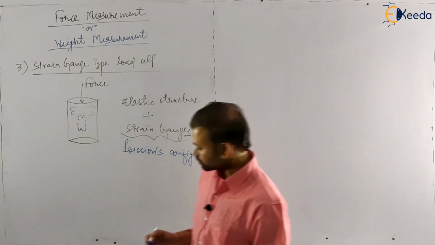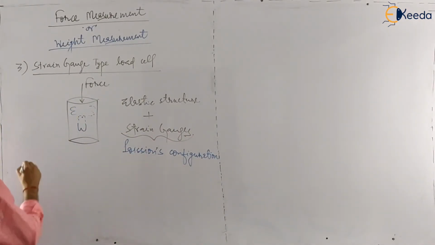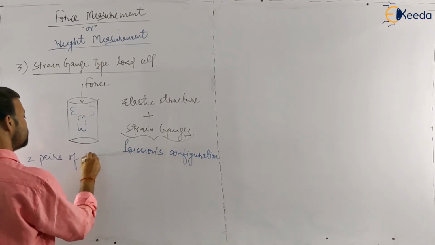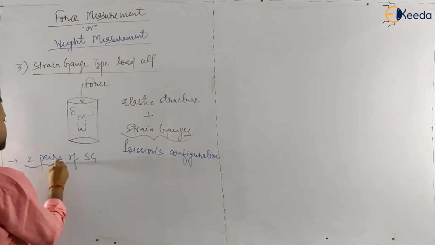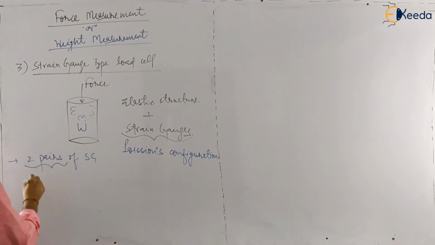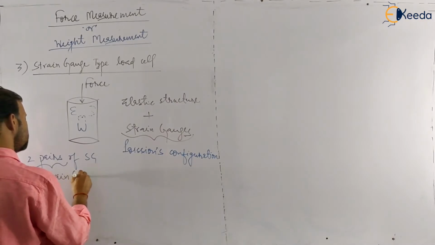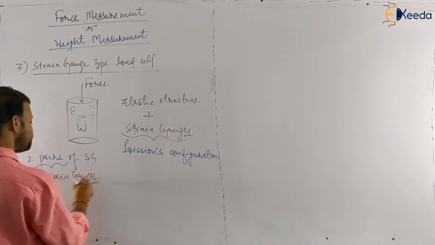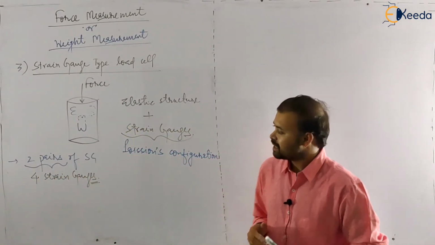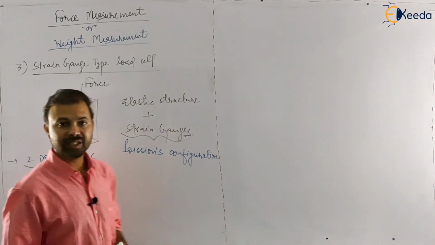So there are two pairs of strain gauges connected on the elastic structure. Two pairs means four strain gauges. One pair will be connected in the direction of the force.